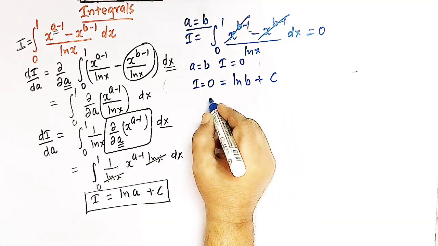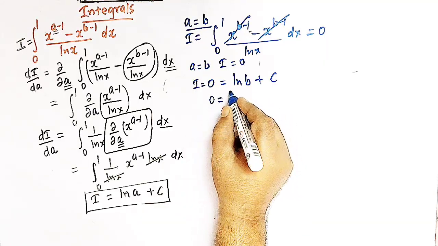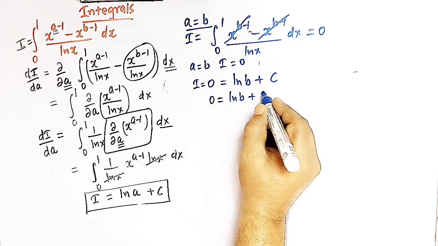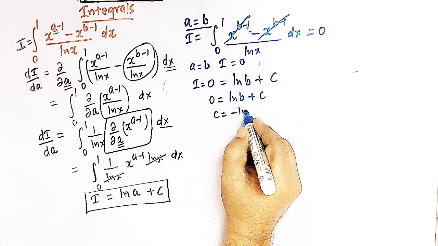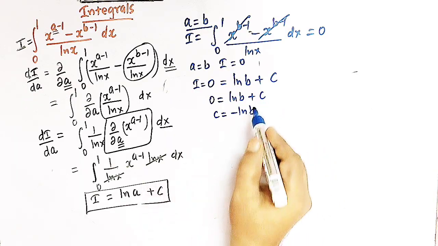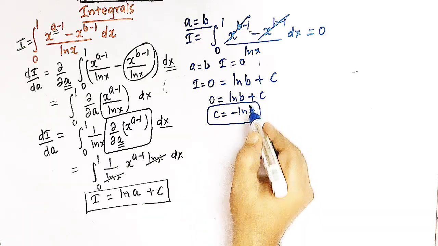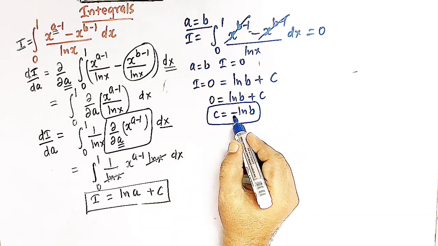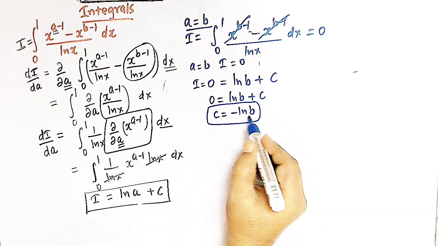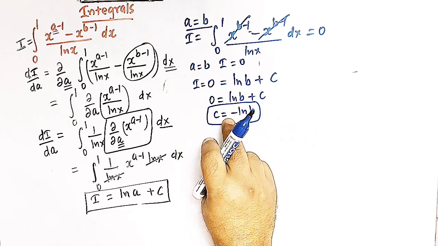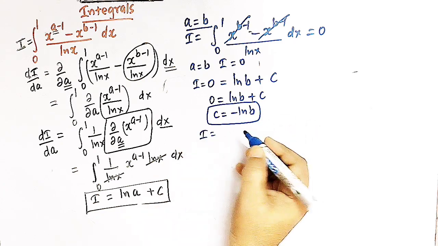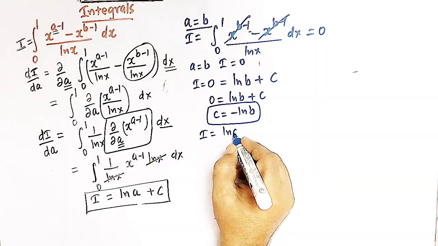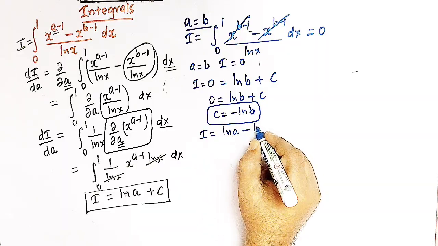So now solving this equation, that is 0 is equal to natural log of b plus c, we have c is equal to negative of natural log of b, right? So the constant of integration c is equal to negative of natural log of b, and substituting this value in this equation, now I is equal to natural log of a minus natural log of b.